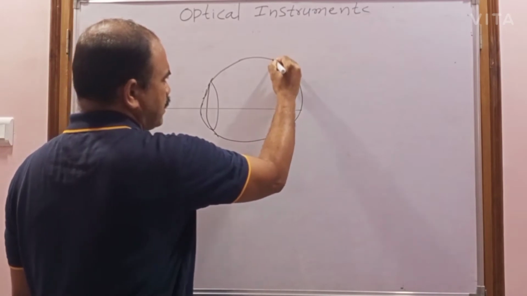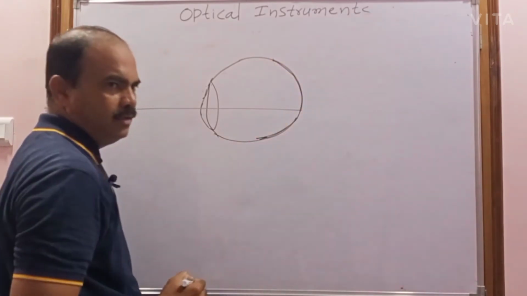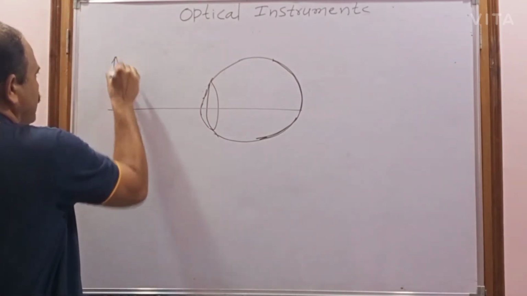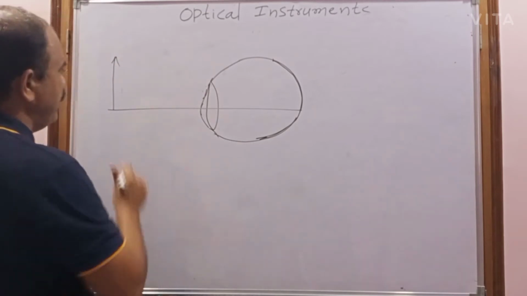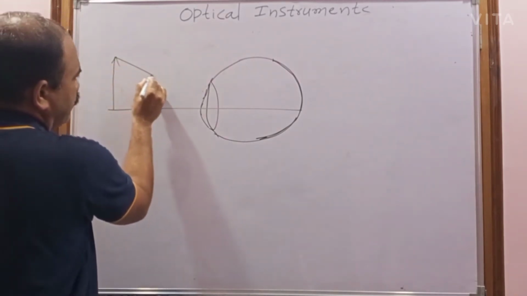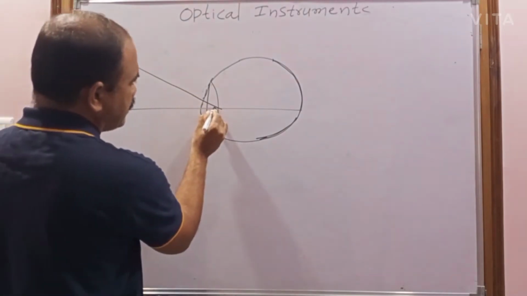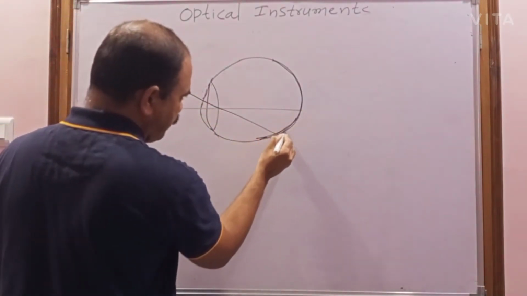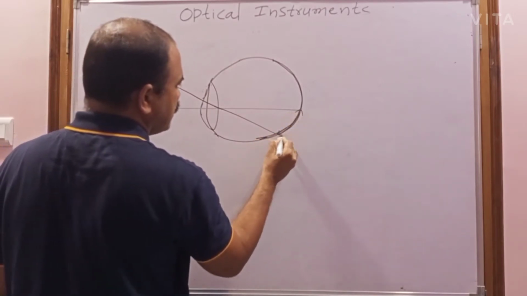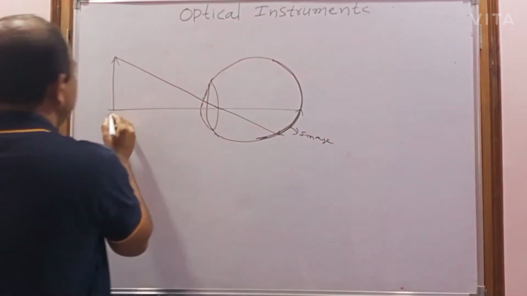Consider this is the retina, and here is the object. The rays coming from the object are incident on this lens. After refraction, the image is formed here. This is the image and this is the object.